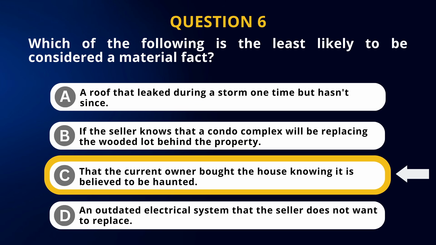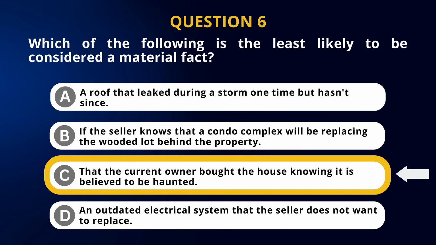You know, maybe they are going to be building more residential housing or commercial influence or something directly behind the property. There was this pristine view, and now that's going away. So it's kind of important that we want to know that. The outdated electrical system that the seller does not want to replace, knowledge of the fact that the electrical system is outdated is material in nature for sure.